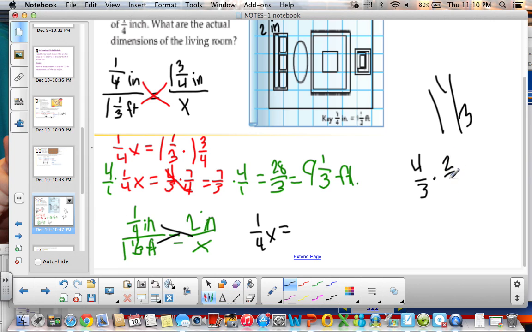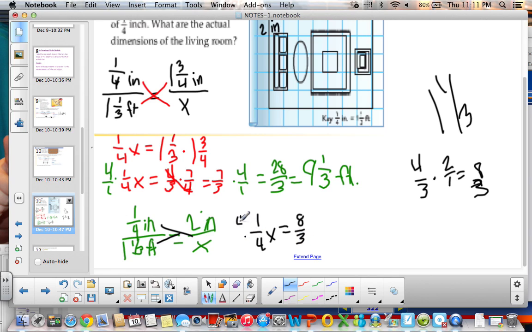I'm going to put a 1 over it, so we end up with 8/3. And I'm going to leave it like that. So 1/4 x equals 8/3. Because I would have had to return it back into an improper fraction, I'm just going to leave it.